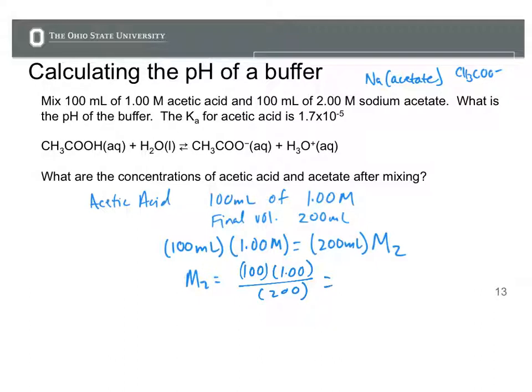I'm going to end up with a concentration of acetic acid, HA, of 0.5 molar. I'm also abbreviating, I should have stated this more clearly, I'm abbreviating acetic acid HA because it's easier to write, and acetate as A minus. Questions on that?